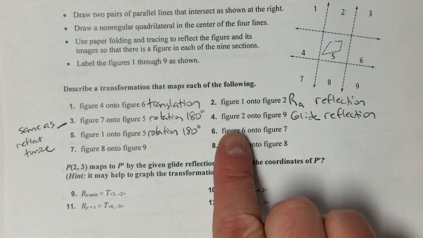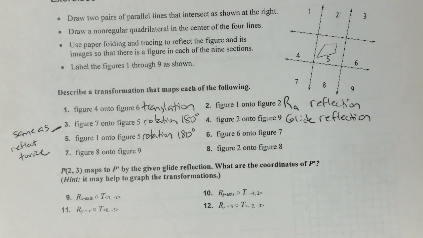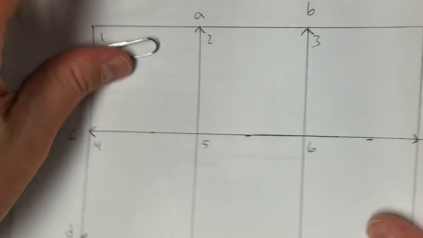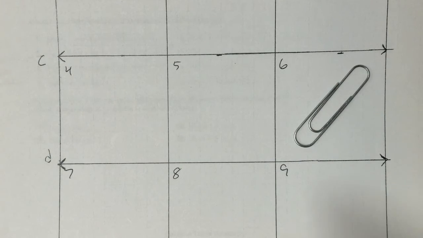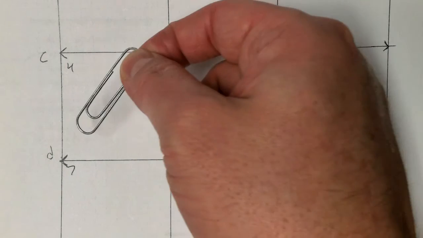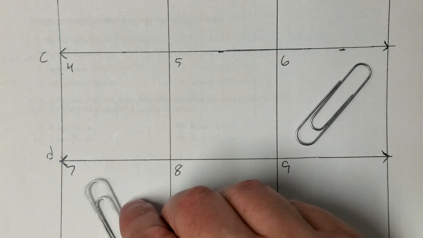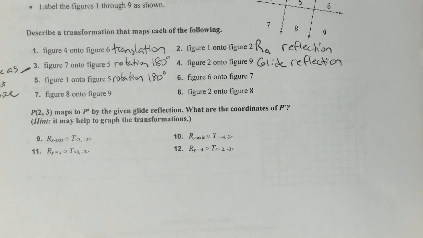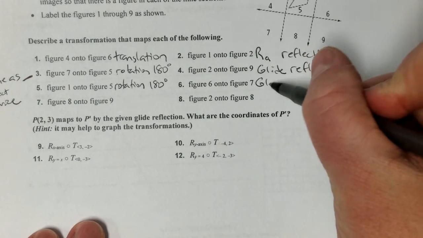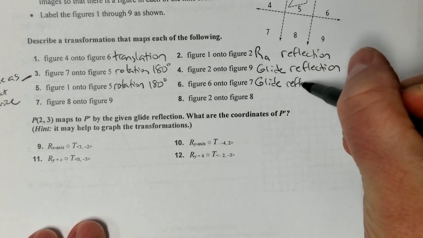Okay, then on the next one we have 6 onto 7. So we're going to start this way, and you can think of moving it and then flipping it. Yeah, that's a glide reflection.